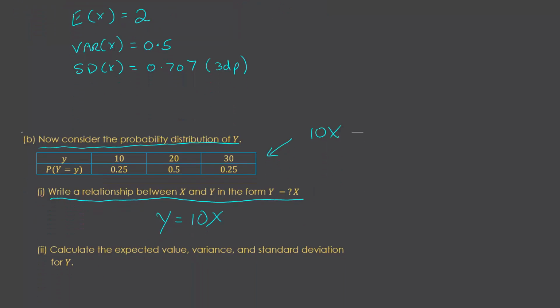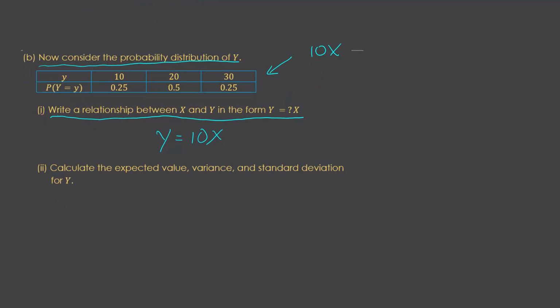We're now asked to calculate the expected value, variance, and standard deviation for y. Well, the expectation of y, again, using the symmetry, is just going to be 20.